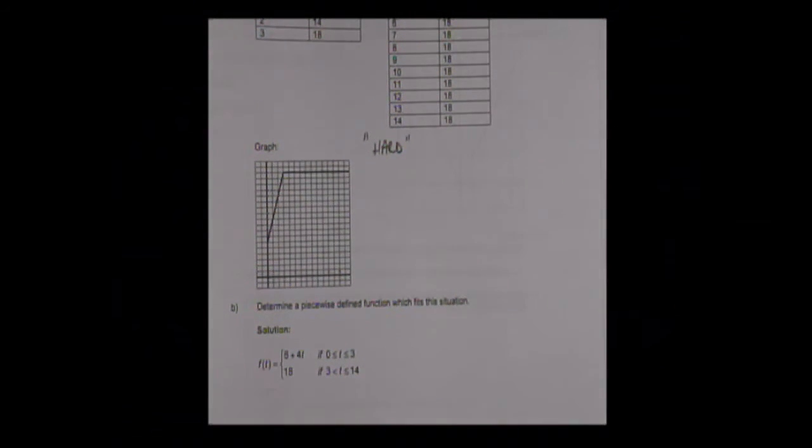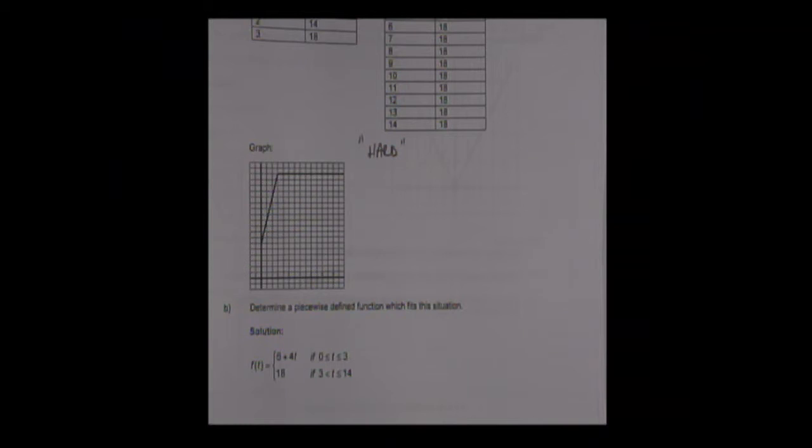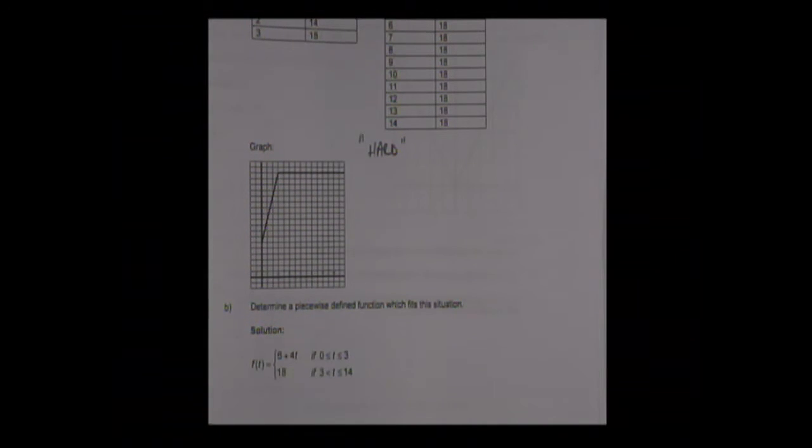This is usually the one that causes all kinds of trouble. Okay? So I'll come back and I'll hit this other piece, but what's here is I have this particular graph. So suppose I have that graph, and what I want to do is part B of this. I want to determine a piecewise function for that graph.